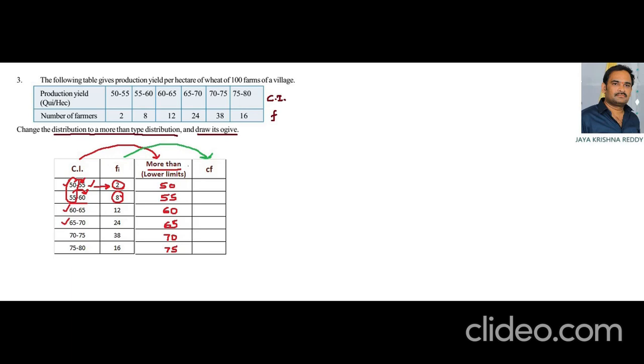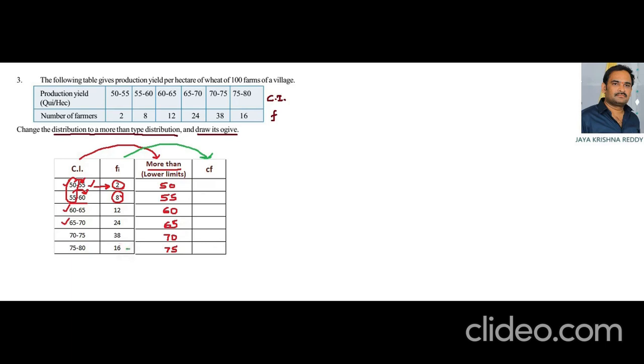So remember, here we are going to draw more than type ogive. So in this more than type distribution table, the cumulative frequency values we have to write from down to upward.